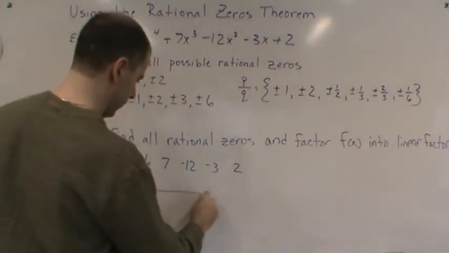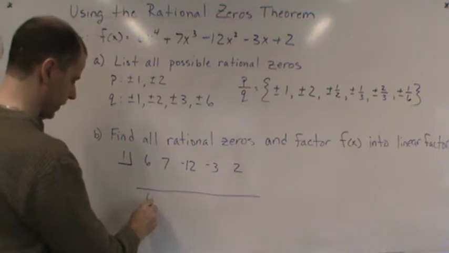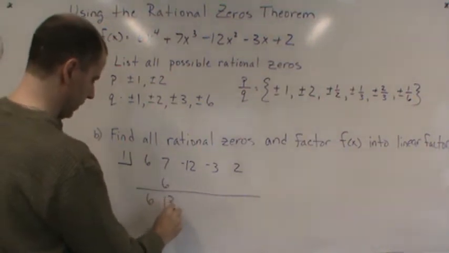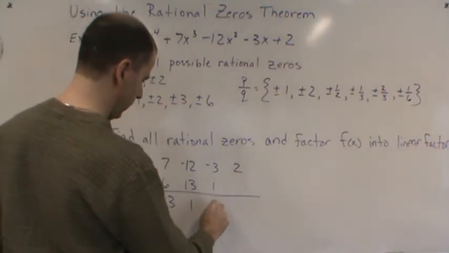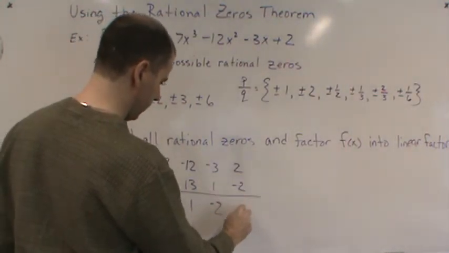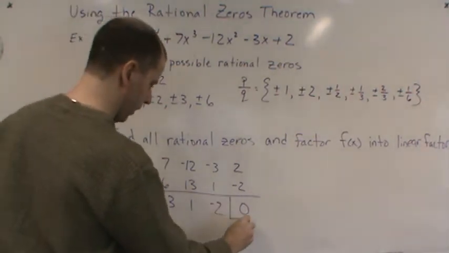I'm going to put my line. Now we do the synthetic division. That's going to be 6, 13, 1, negative 2, 0. And here's our remainder.